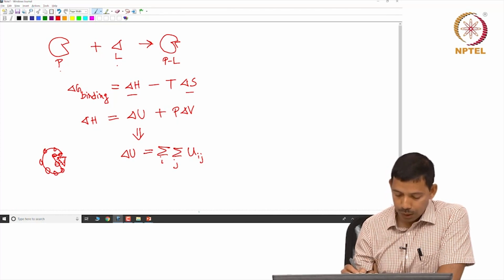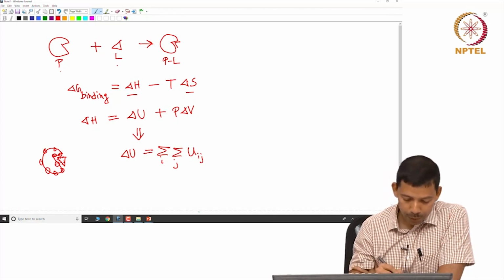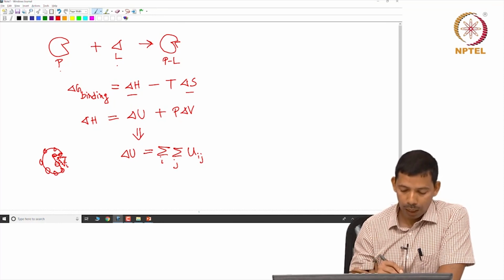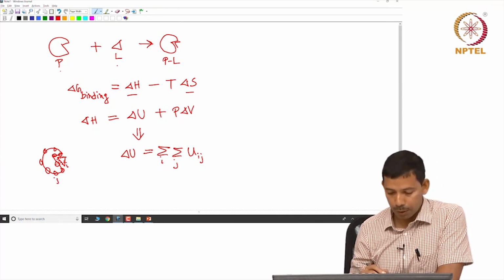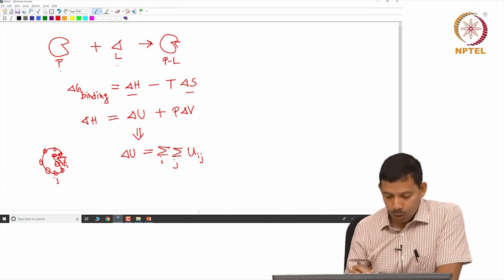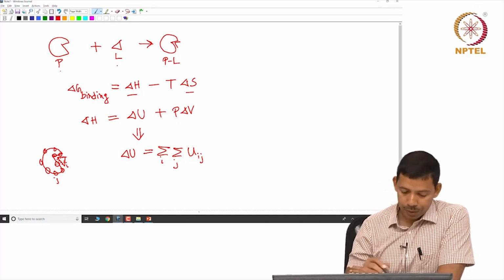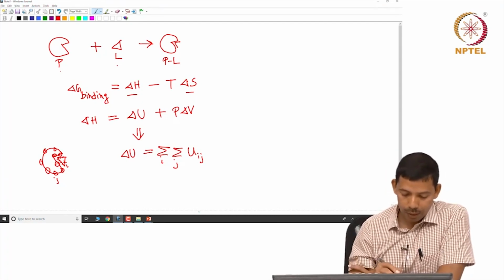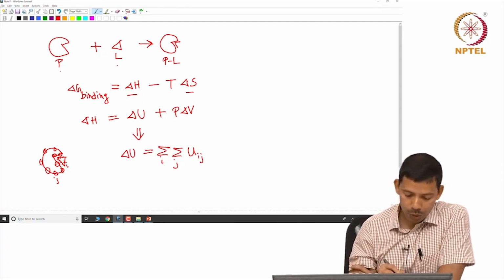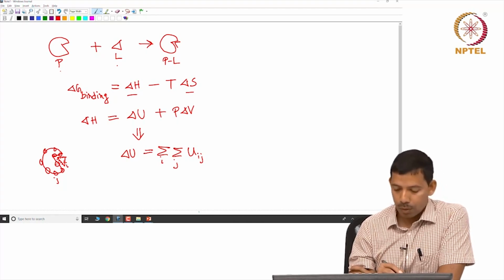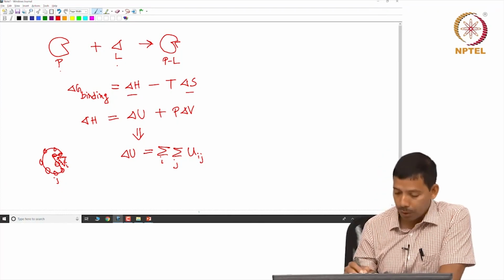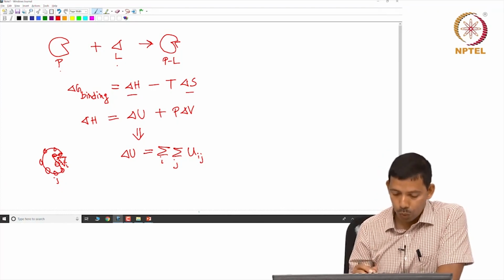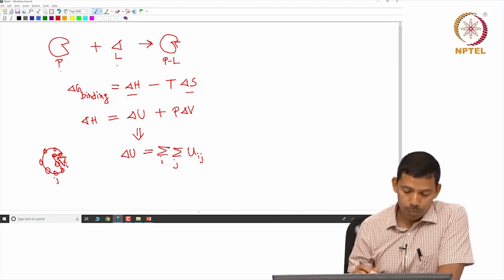U_ij is the interaction of the ith particle in the ligand with the jth particle in the protein. So, delta U is obtained from the statistical thermodynamic law, which says that you sum up the interparticle interactions between the ligand and protein, and you get the total U of the protein-ligand complex.